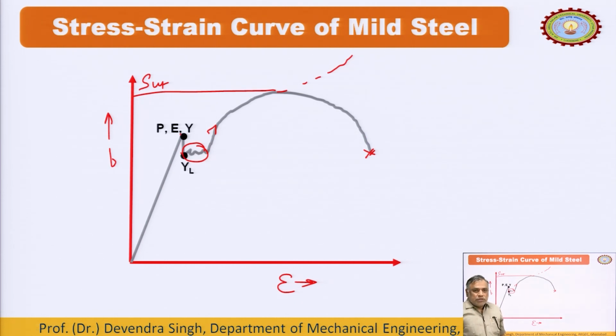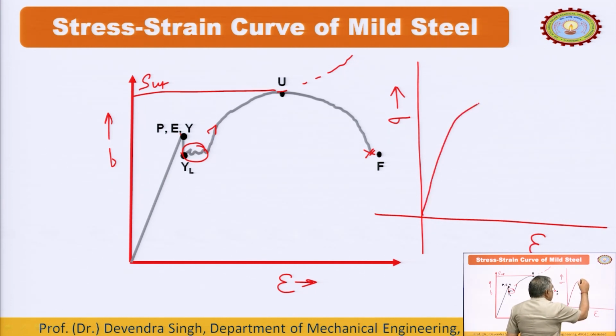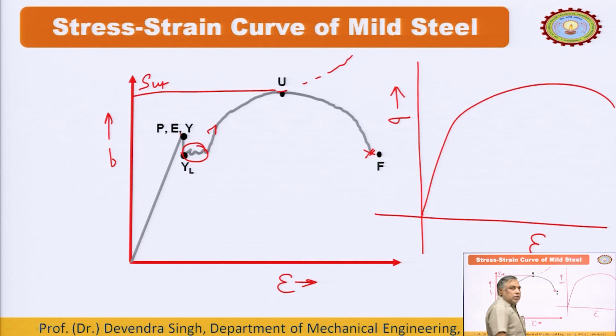The various points we discussed in the last lecture: Y stands for the upper yield point in tension, YL represents the lower yield point, U is the ultimate point, and F is the fracture point. This is the specific stress strain diagram for mild steel. A general stress strain diagram for a ductile material, which we discussed in the last lecture, is like this. This is a general curve for any ductile material.